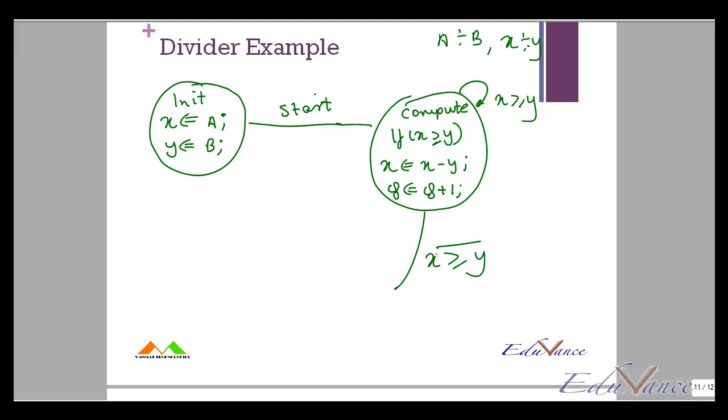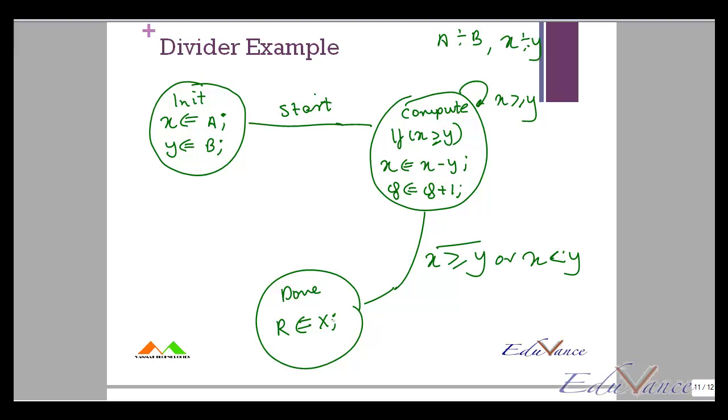If my x is less than y, which is basically the opposite of this, so I can write this or this, then I will say that I am done, such that my remainder r gets the current value of x. Okay? And from done, I can go to the initial state without any conditions. So when I write 1 here, that means no conditions. Okay? 1 equal to no conditions. So very simple divider example.